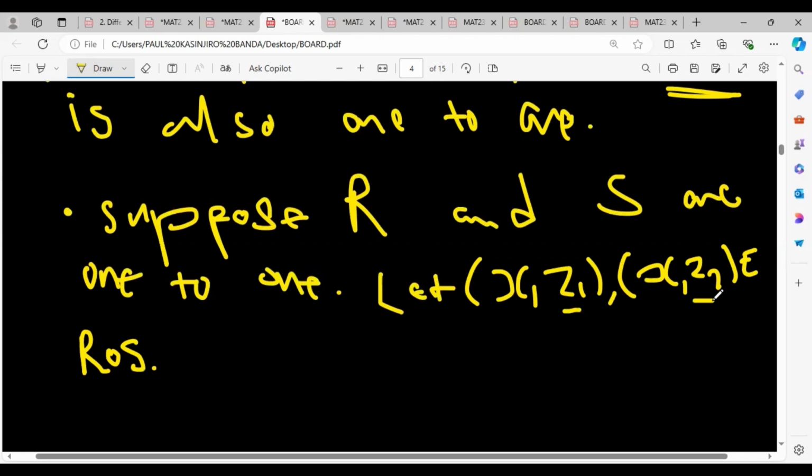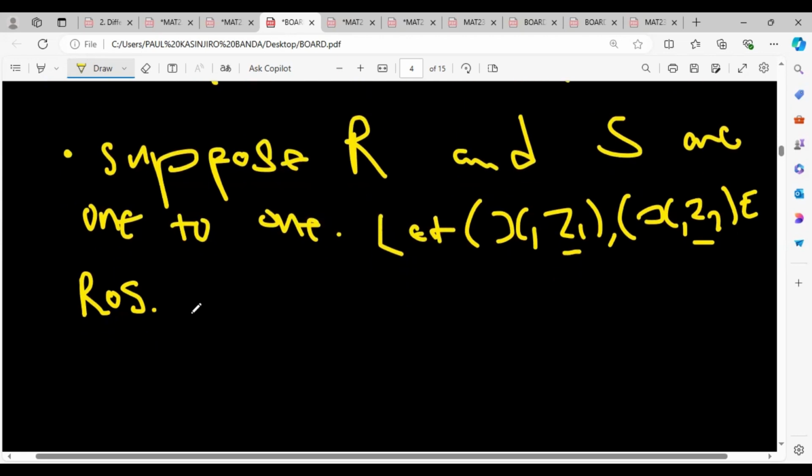Now remember that this relation R was from what to what? We said R was from Y to Z, then S was X to Y, right? So remember that.